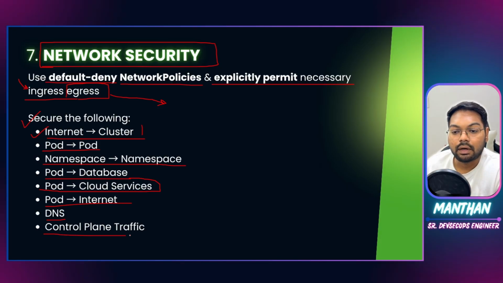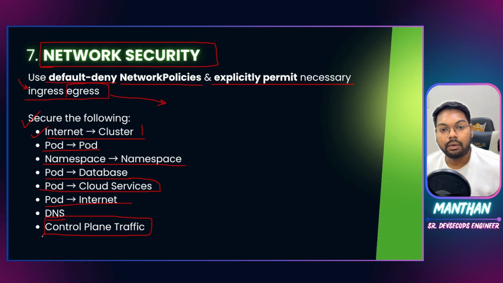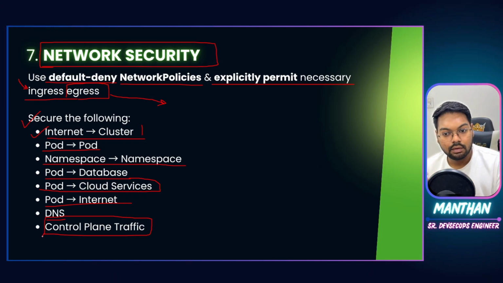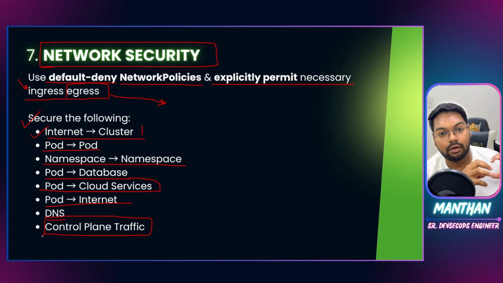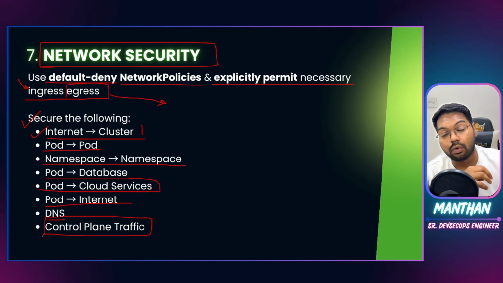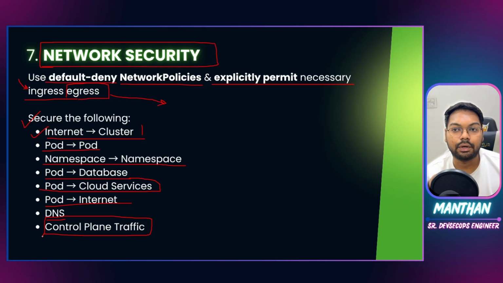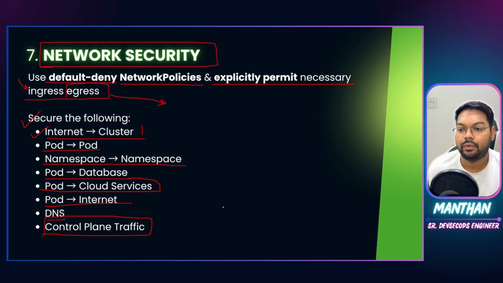And then control plane traffic should also be monitored and secured. The control plane would be mostly kubectl to API server, API server to controller manager, then controller manager to the kubelet, and then controller manager to the etcd to the scheduler, something like that. So the control plane traffic should be monitored and secured in that way.